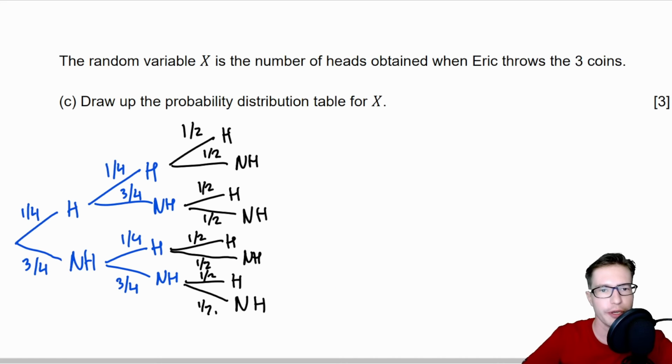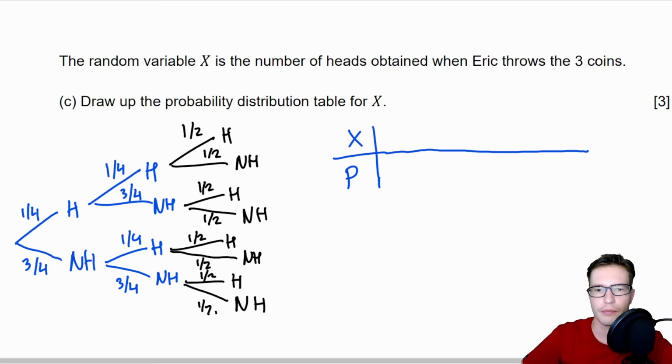Okay, next question is about a probability distribution table, and our variable is the number of heads we get when we throw 3 coins. So first of all, what values can x take? We can get either 0 heads or 1 head, 2 or 3.